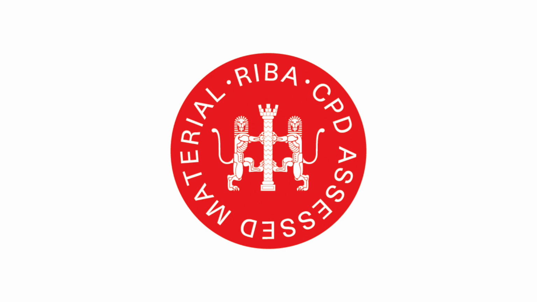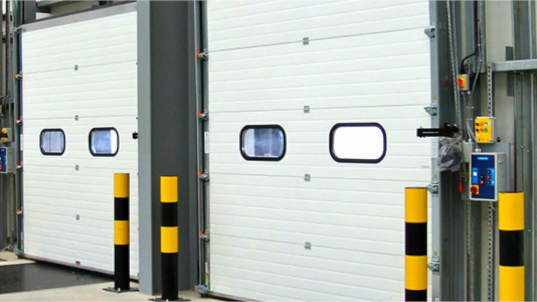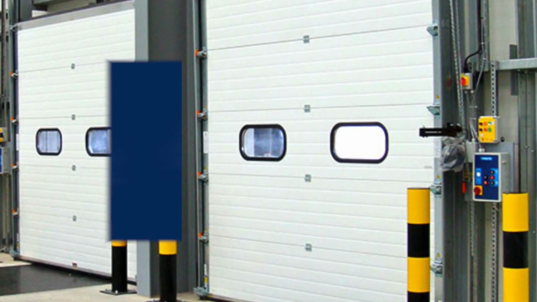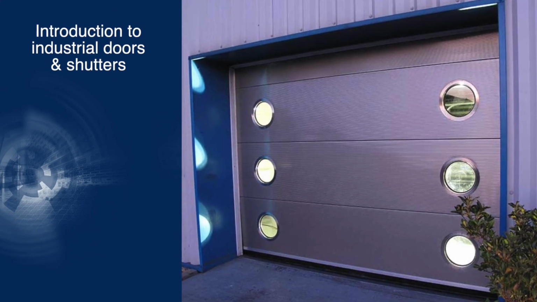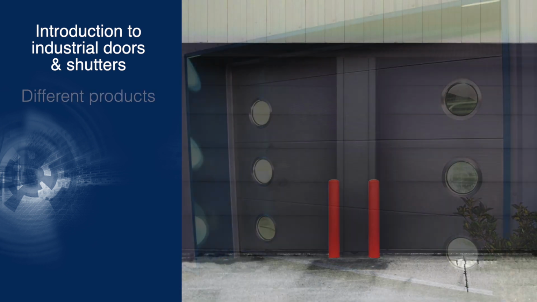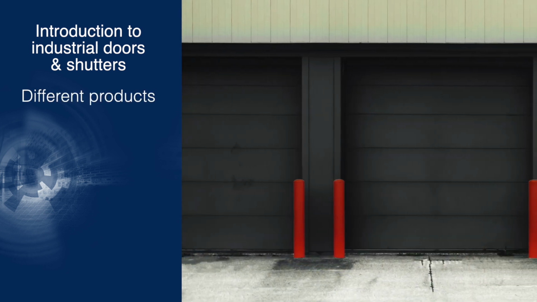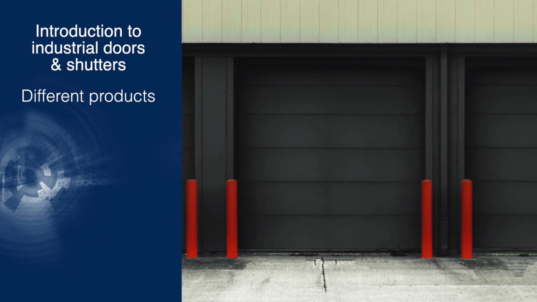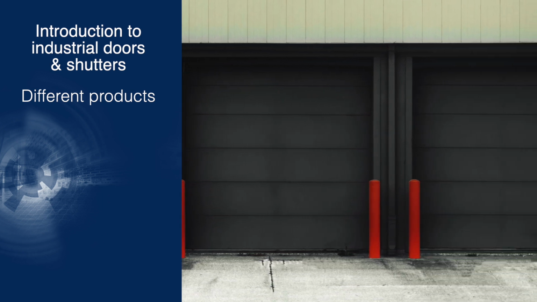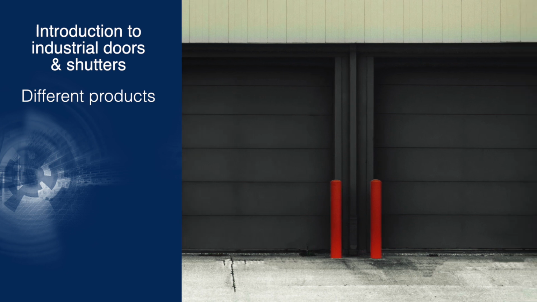That concludes the main part of this REBA approved CPD training video. We have covered the following areas, as initially set out. Introduced you to industrial doors and shutters and their technical specifications. Discussed how different products can be used to fulfil your needs, including bespoke specifications, accessibility, energy performance, and long-term maintenance.